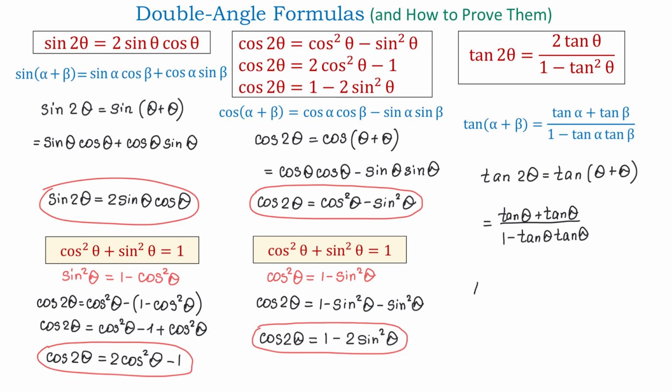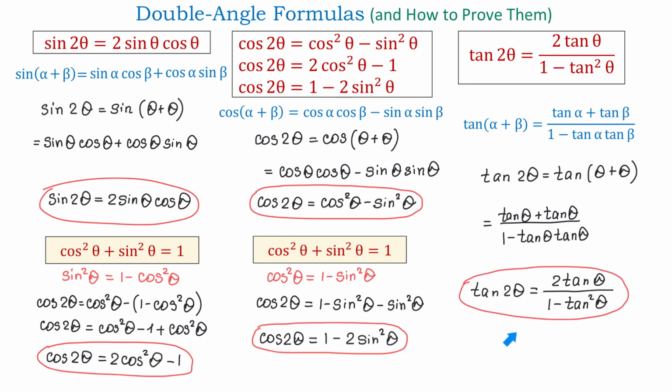Then we will write that tangent of 2 theta equals 2 tangent of theta over 1 minus tangent squared of theta. And this is the double angle formula for tangent. So now we have all 3 double angle formulas proved.